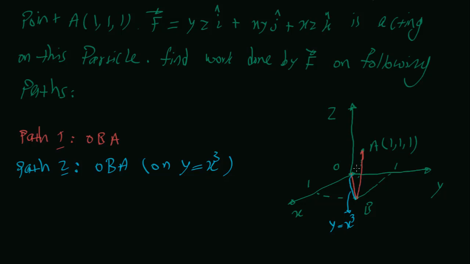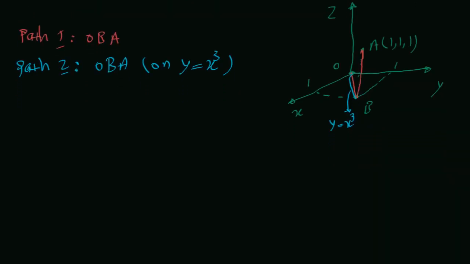Then the third path here. We are going from here to here, and then from here to here, and then from point B to A. So same thing here.